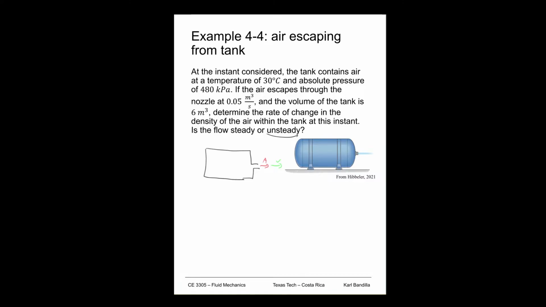So what can we say? We can say we have a fixed control volume. The volume of the tank doesn't change. And we have air, so it's going to be spread out throughout the entire container. We have a compressible fluid, and we're actually interested in the change of density within the fluid.